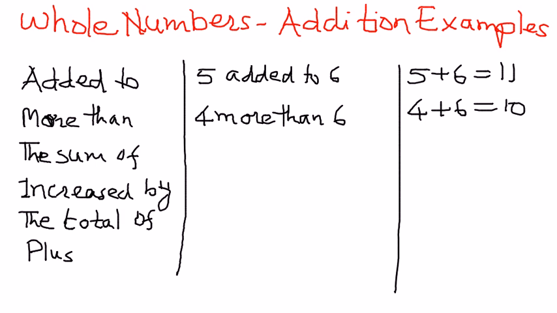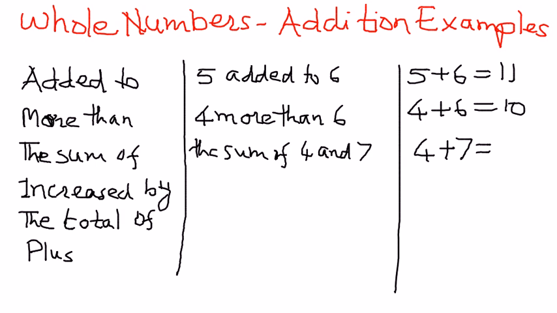The third phrase we have is sum of two numbers. Let's say we have an example of this kind, the sum of 4 and 7. If we have two numbers of that kind, it also means addition. 4 plus 7 is equal to 11.